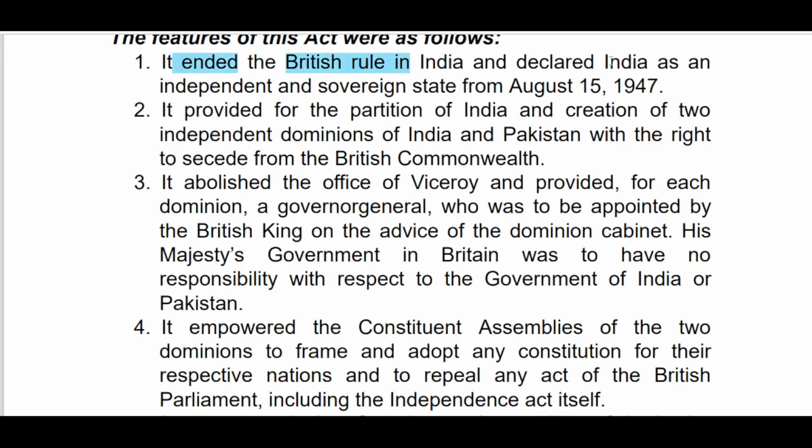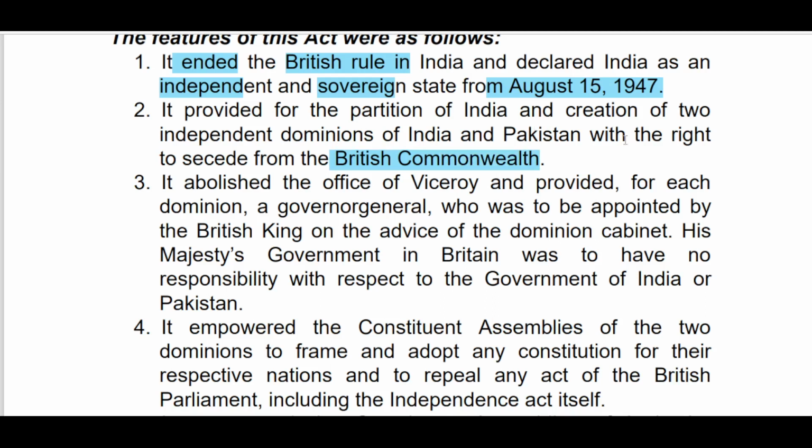So features of the act were that it ended British rule in India and declared India as an independent and sovereign state from 15th August 1947. It provided for the partition of India and creation of 2 independent dominions of India and Pakistan with the right to secede from the British Commonwealth.